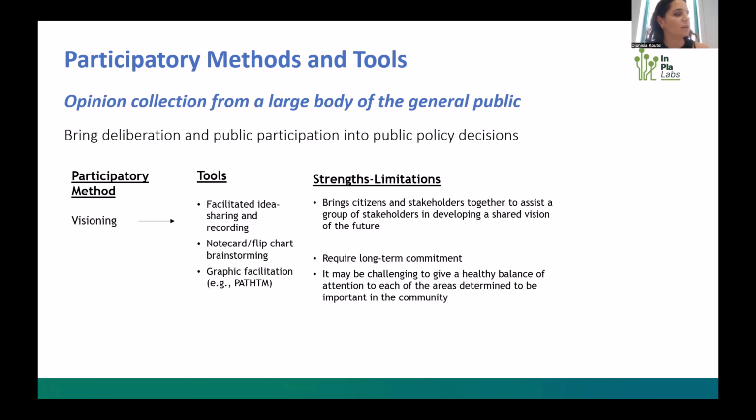Now, another method is visioning. In this way, the target of this process is to understand how the neighborhood, for example, visualizes the future setting of a square and an urban space.